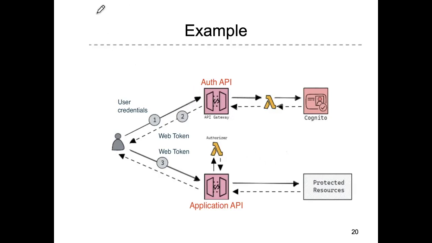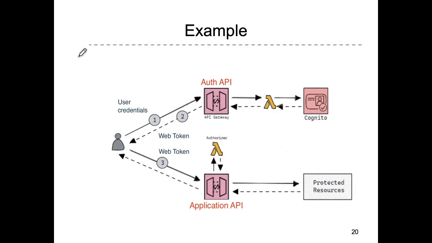So what we tend to do is have two web APIs. One is specifically concerned with dealing with all types of authentication related requests. The other web API is essentially a front end for the actual functionality of your web application.